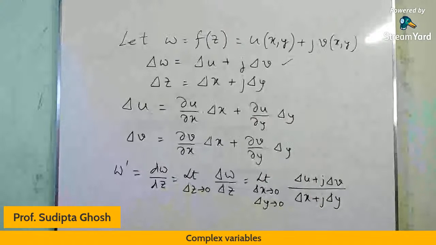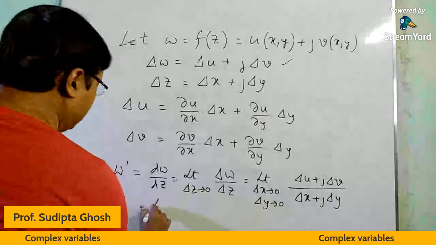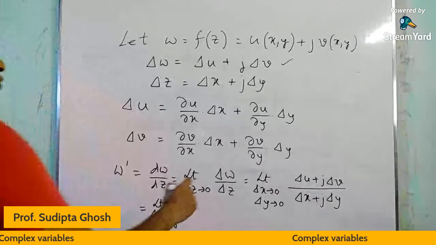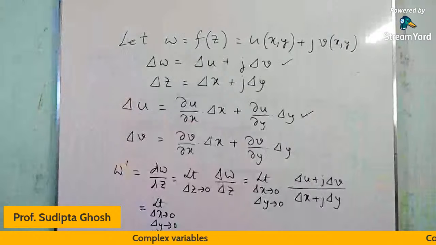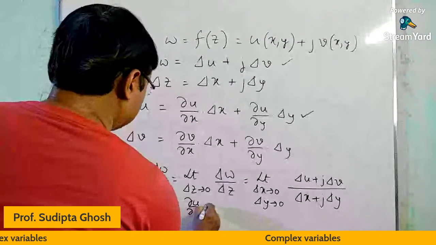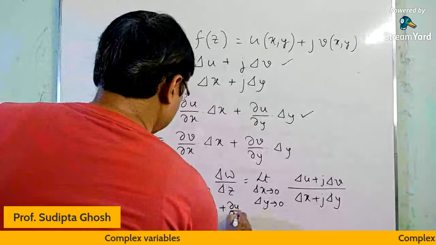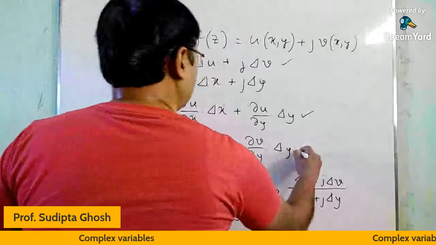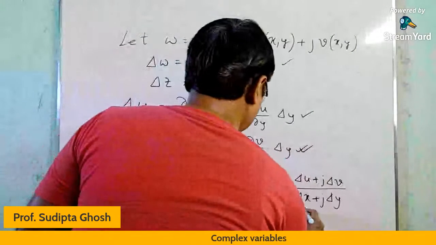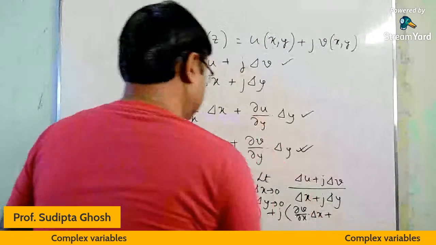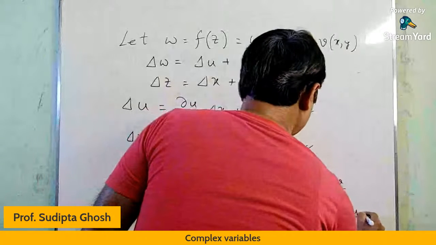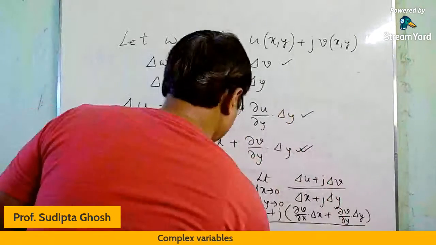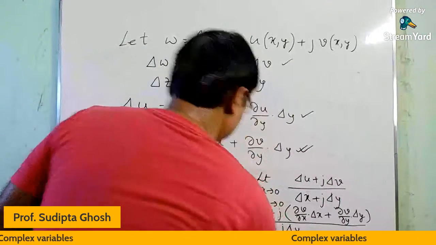Proceeding to the next step, we substitute the value of delta u, that is del u/del x dot delta x plus del u/del y dot delta y, plus j times del v/del x dot delta x plus del v/del y dot delta y, and in the denominator again delta x plus j delta y as it is.